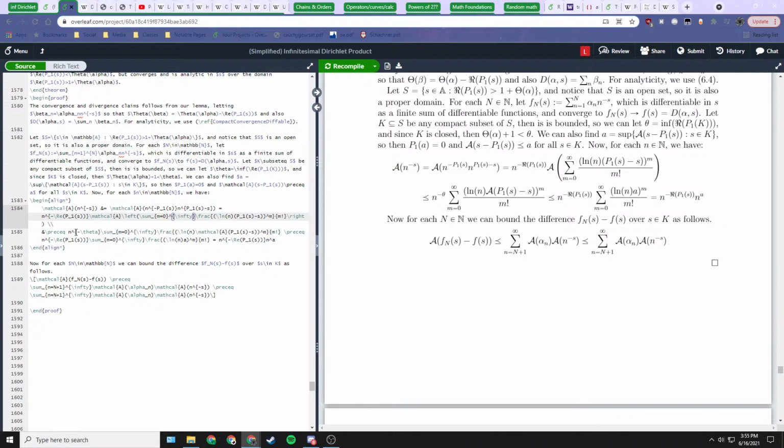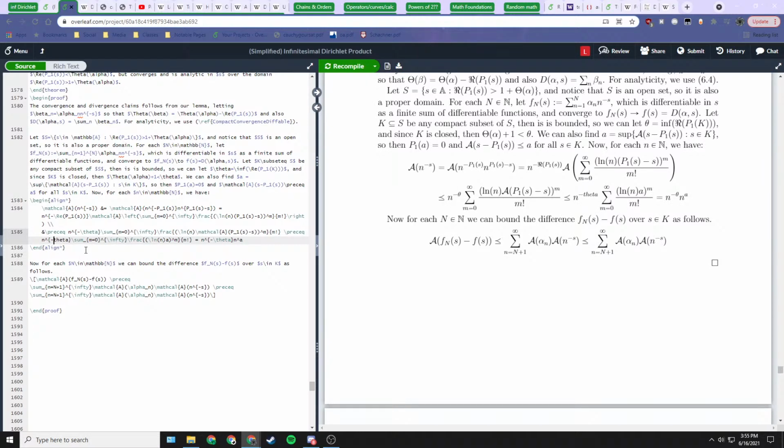Okay, so we get n power minus theta, and we still want here, this should still be theta. And then right here, this is still theta. I hope this is going to be enough. Oh, I forgot to do the slash. I forgot to do the slash twice.